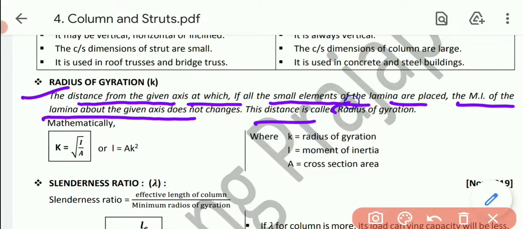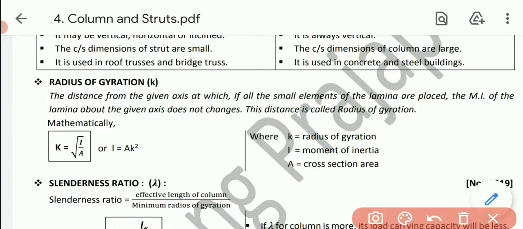This distance is called the radius of gyration. Mathematically the formula is k equals root of I by A. We will use this formula during the examples. Or in terms of I, I equals area into k square. The parameters are k, radius of gyration, I, moment of inertia, and A, that is cross section area.